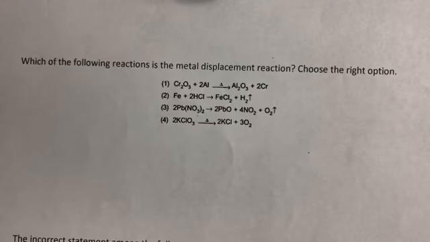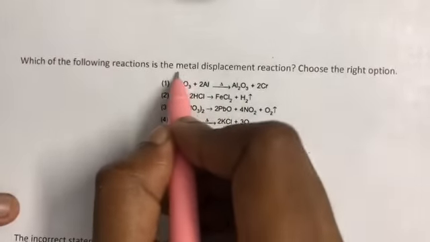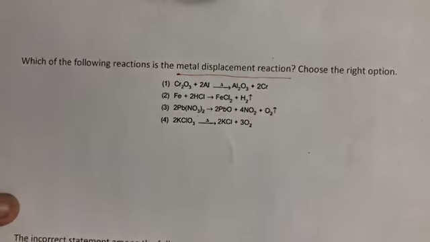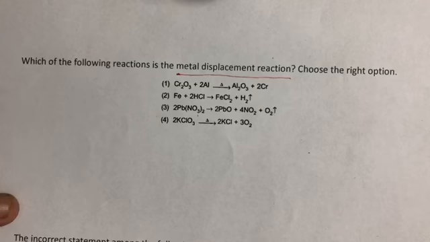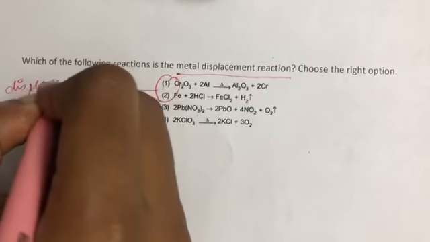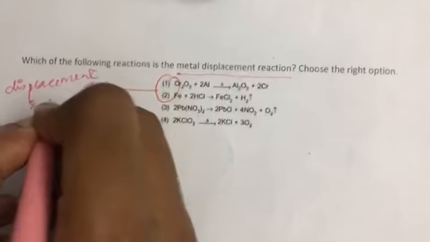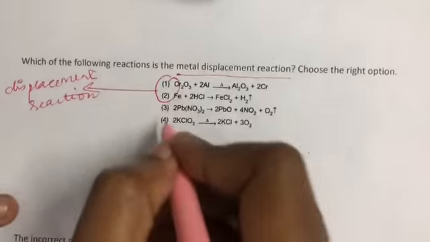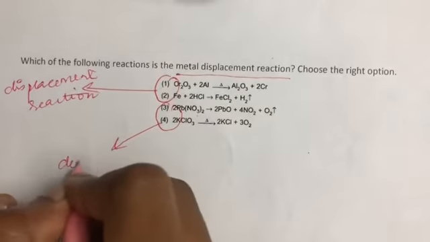Which of the following reactions is a metal displacement reaction? Choose the right one. So they have given 4 options, and we have to find out which of these reactions are metal displacement reactions. So here reactions number 1 and 2 are examples of displacement reactions, whereas 3 and 4 are examples of decomposition reactions.